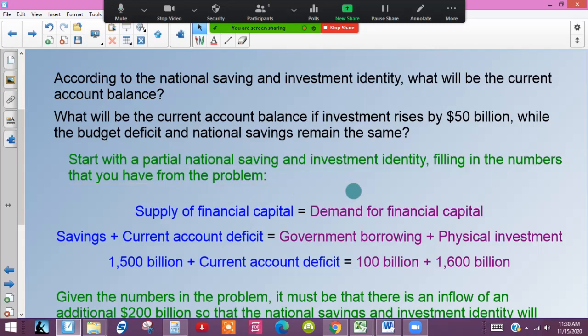what is the supply of financial capital? It's national savings plus the current account deficit. Now, what does this mean? When we're in deficit here, this is actually going to be a positive number, but why we say a deficit is because this is the inflow of foreign capital, the inflow of money that comes in from the world in order to balance the two sides of this expression.